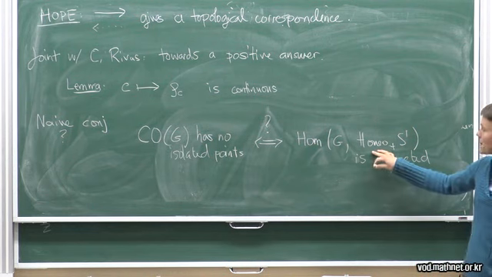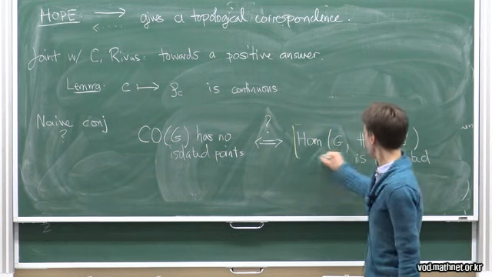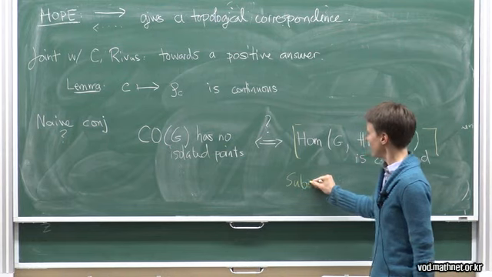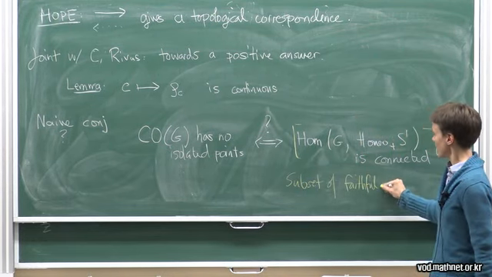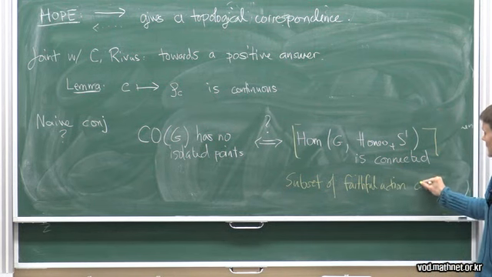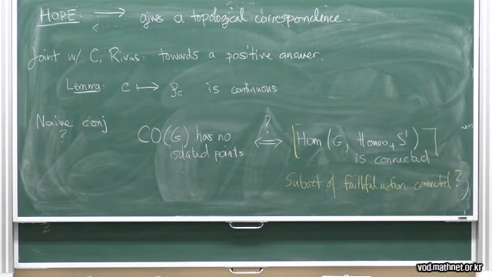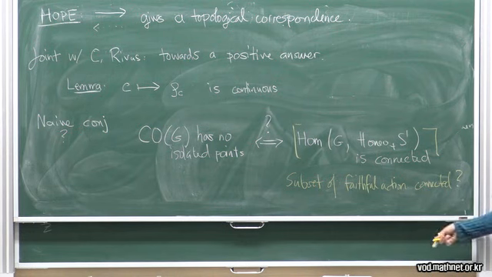Or maybe this is too much to ask. Maybe instead of this, you would want to say that the subset of faithful actions is connected. That's kind of the image of this map. You have a faithful action if you admit a circular order. Okay, so that's actually a reasonable first guess.